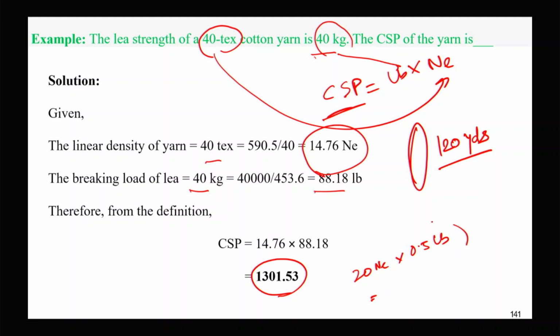If we multiply, this will not be a CSP. Although we are multiplying count and strength in pound, it will still not be CSP. The strength of a lea should be there, a lea of 120 yard.